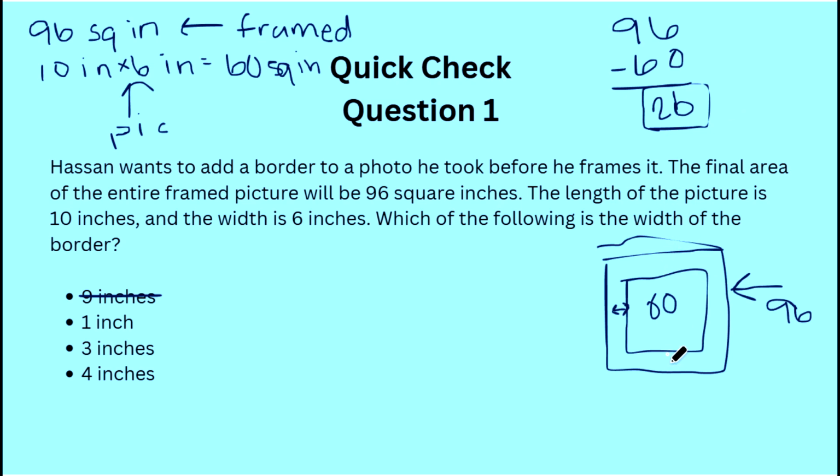So it's like 12 inches here and 12 inches here. If this is 3 inches and 3 inches, that's 6. So that's 10 inches and 10 inches. If this is 4 inches and 4 inches, that's 8. So that gives you 9 and 9. So whichever one you think is the most reasonable for a frame. Okay.